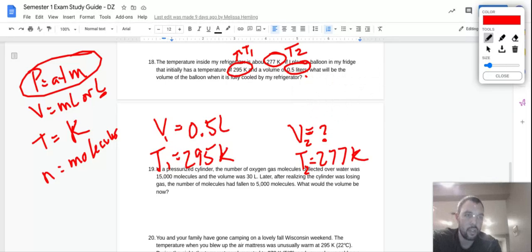Okay, Charles' law, cross multiply, and then divide by the third number here.